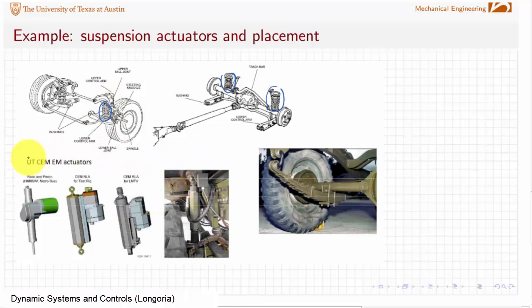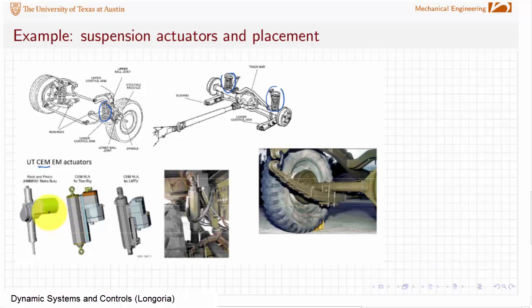I inserted here, at the University of Texas at the Center for Electromechanics, they have a long history in a research program of working on an active suspension initially for the M1 tank, eventually evolved into an application to the Humvee, and later into trucks.